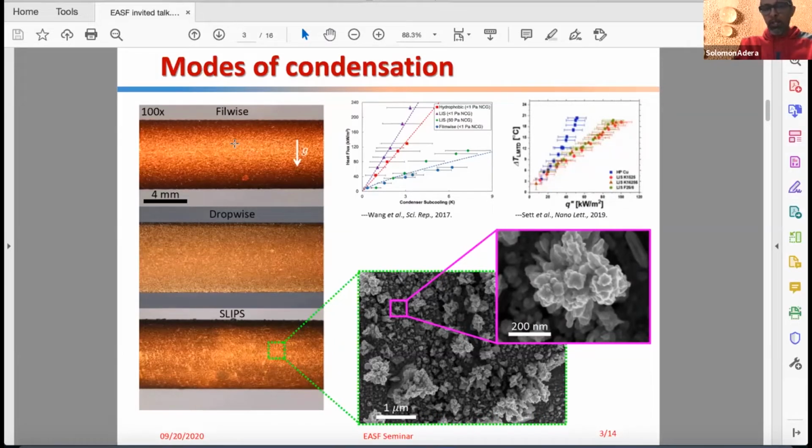The continuous growth of this thin liquid film hinders further heat transfer, and for that reason the heat transfer coefficient, which is the amount of heat rejected by the vapor per unit area per unit temperature difference, is very small for film-wise condensation.